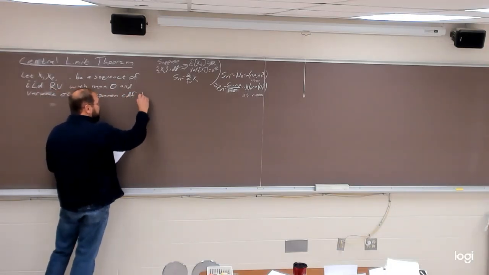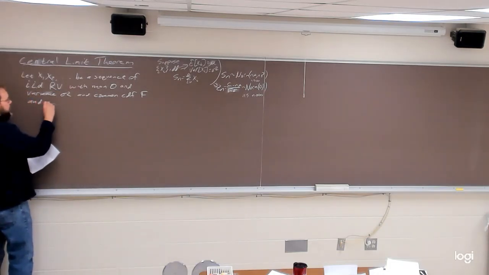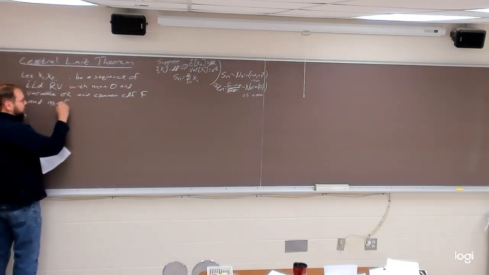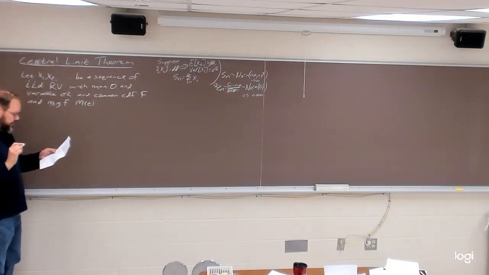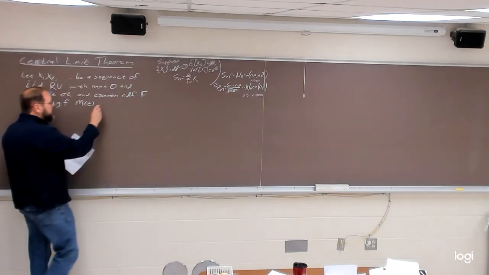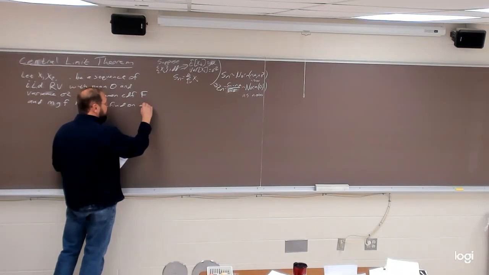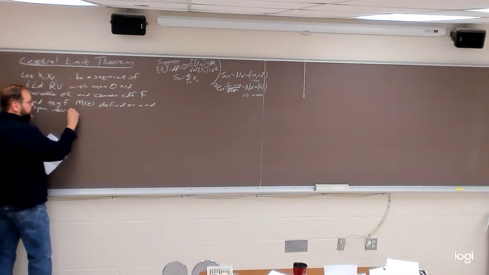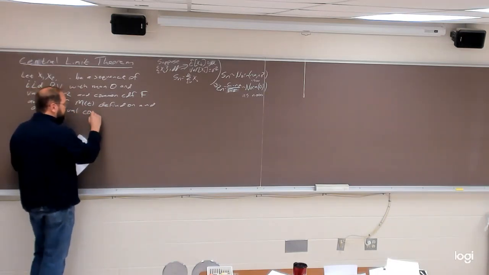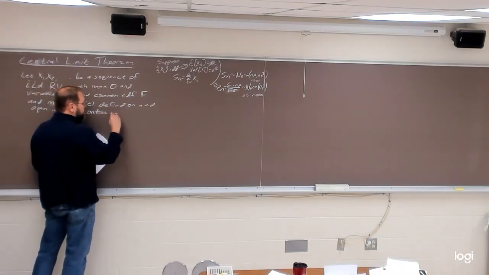Right, they have a common CDF, which we'll just call capital F, and a common moment generating function, which we'll call M(t), okay, which is defined on an open interval containing zero.